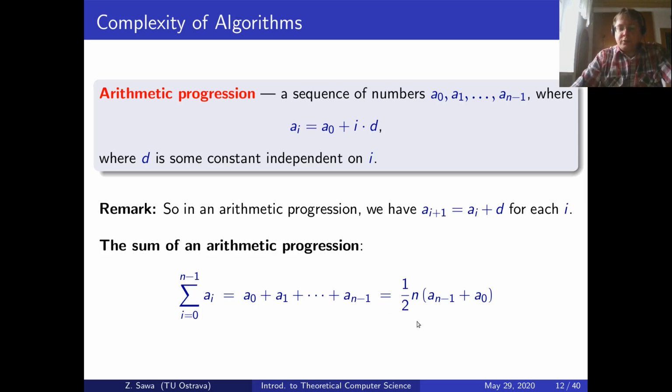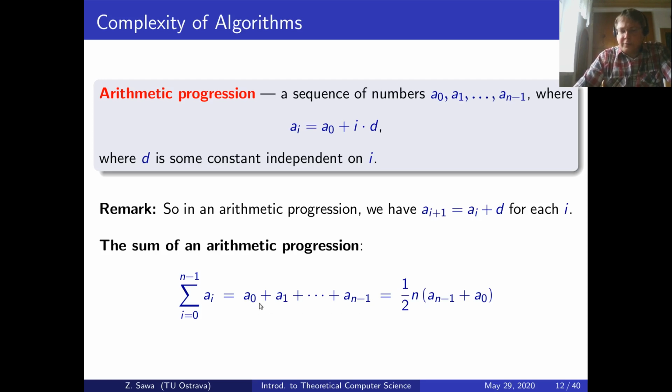To see that this is the case, just imagine that we would take this sum 2 times. If we computed the sum of 2 copies of this sequence, we would then just divide by 2, which is this multiplication by 1/2 or division by 2.